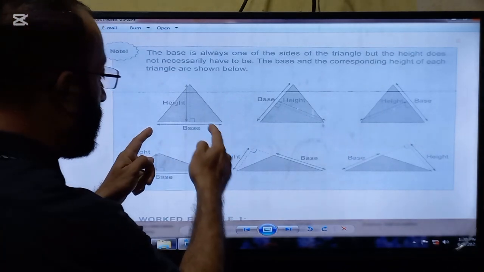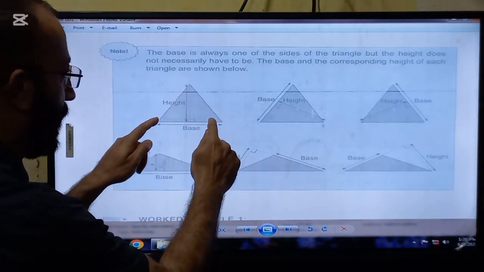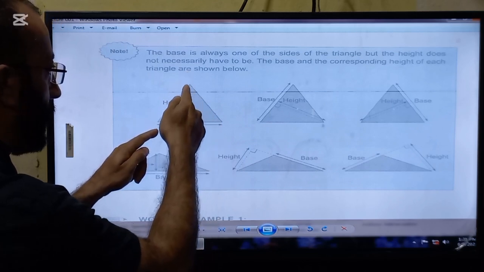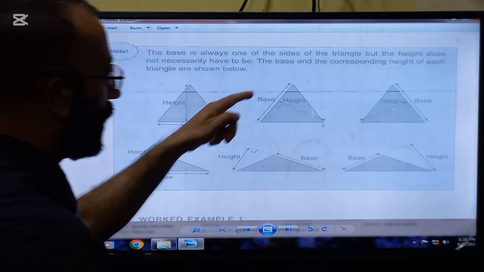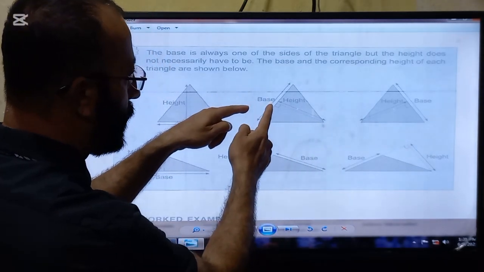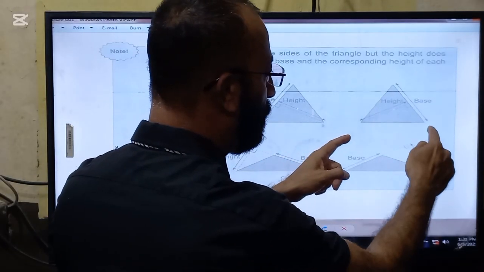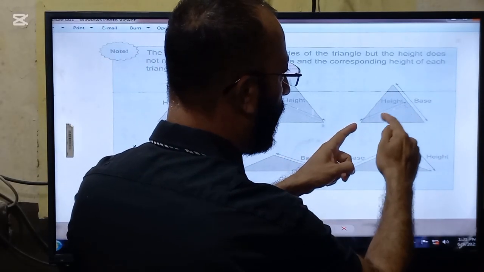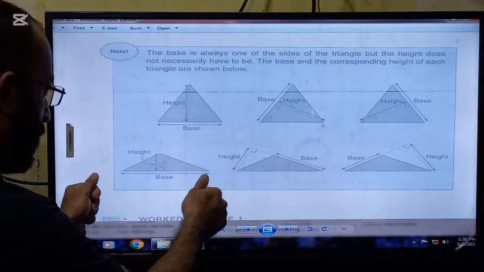If this is the base, then this will be the height, not this one, because these sides are not perpendicular. This is the perpendicular, so this is the height now. If this side is the base, then this is the height that is perpendicular to the base. If this is the base, this should be the height because it is perpendicular to the base.